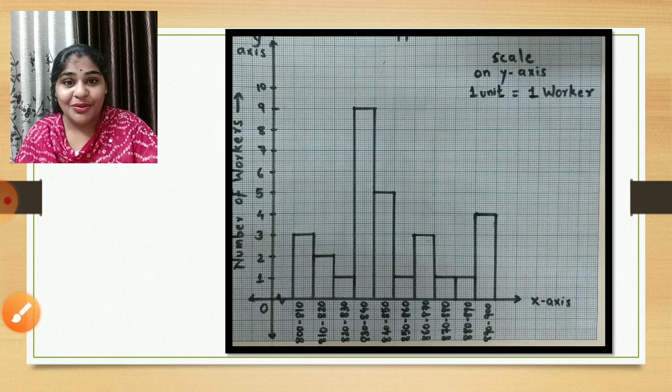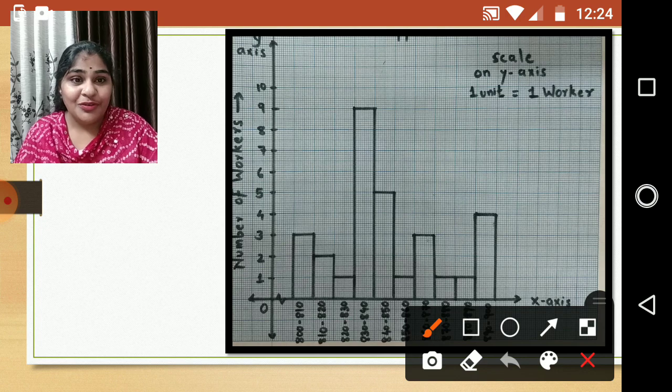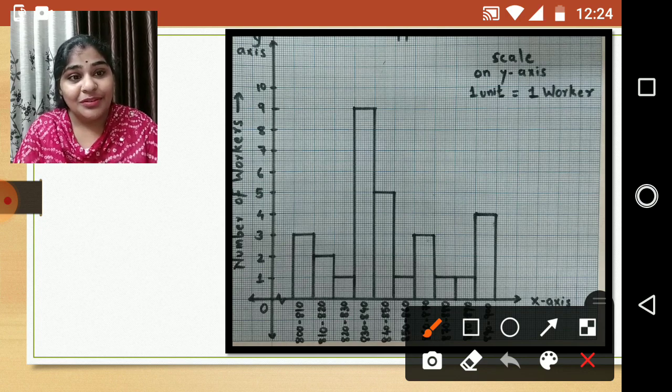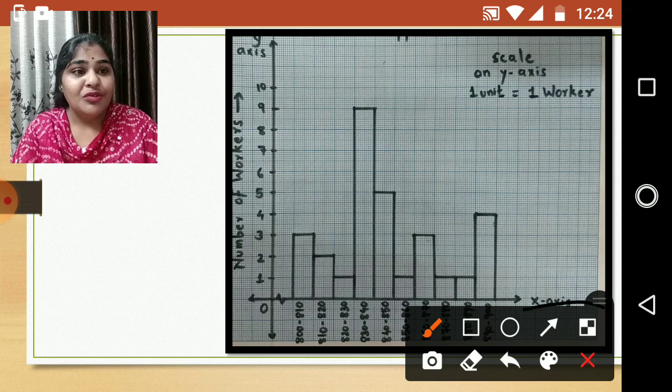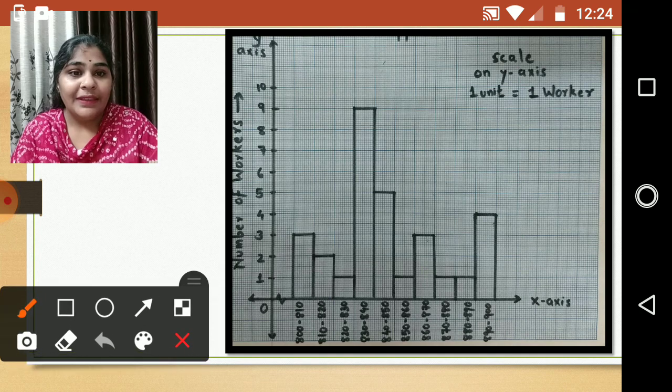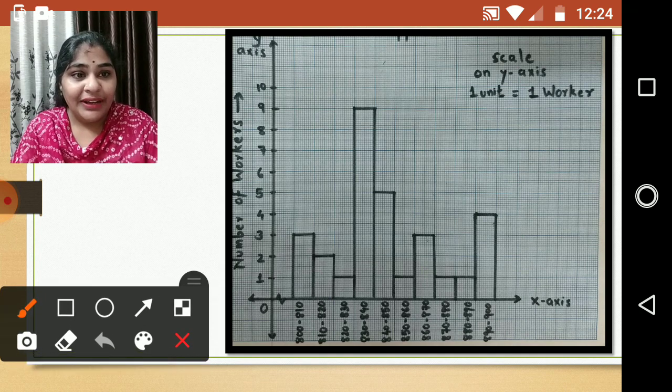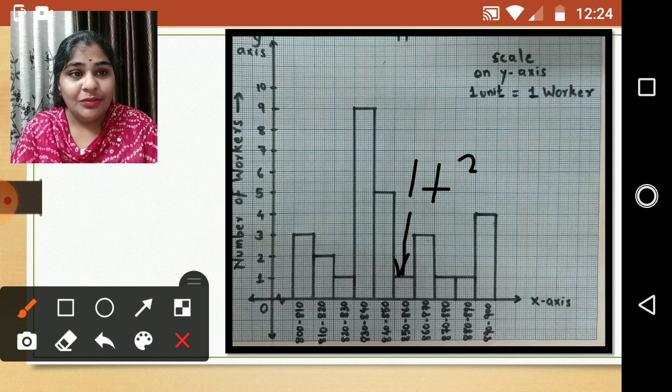Once again I'll show you. If you see, 850 means I should start with the class interval 850 to 860, that is this bar, which is showing 1. Next bar is showing plus 3 workers.